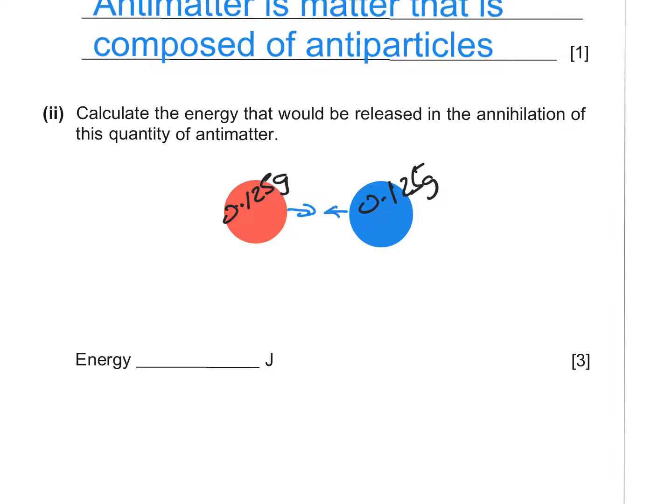And then we just use Einstein's famous equation. So we're talking about 0.25 of a gram, which is 0.25 times 10 to the minus 3 of a kilogram, and then we're multiplying that by c squared.